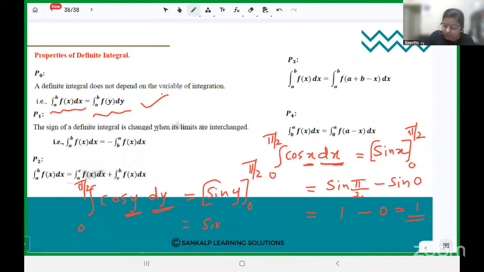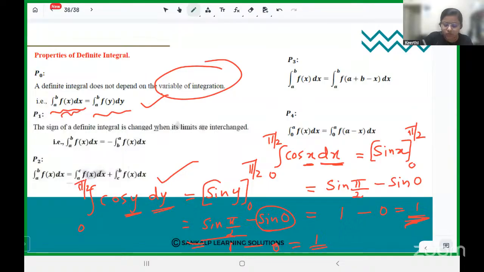Now you put sin pi by 2 minus sin 0, upper limit minus lower limit. Sin pi by 2 is 1, minus sin 0 which is 0. This is equal to 1. Same answer, right? Integral cos x dx from 0 to pi by 2 and integral cos y dy from 0 to pi by 2 both have the same answer. So a definite integral does not depend on the variable of integration. You can choose x, y or t, all will give you the same answer. That is the first property.